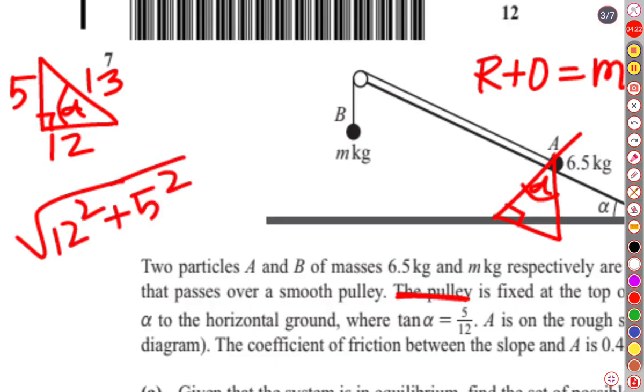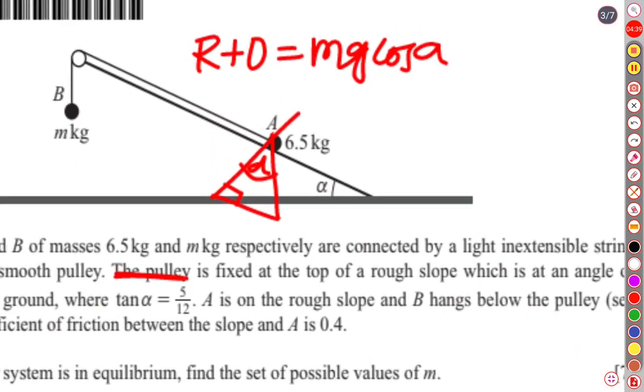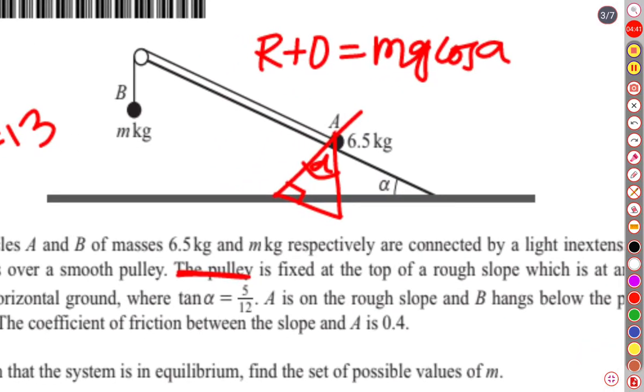So our cos alpha is adjacent over hypotenuse. Hypotenuse is 13, adjacent is 12, so it is going to be 12 over 13.